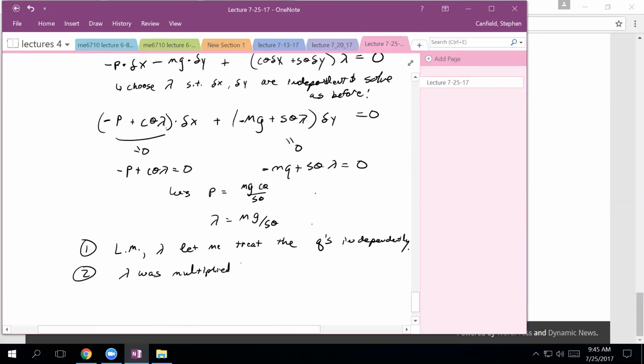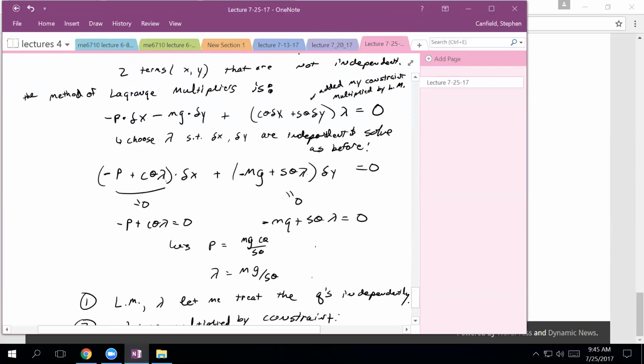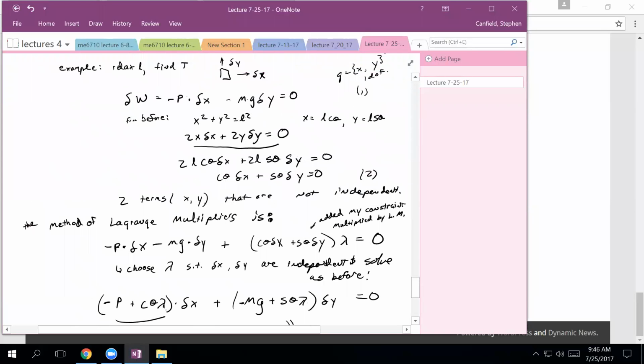See if we can think this through. Here, the constraint was that x squared plus y squared equals L squared. And furthermore, L was constant, right? So the constraint was basically L was constant. L didn't change length. If L was constant, it gave me this.